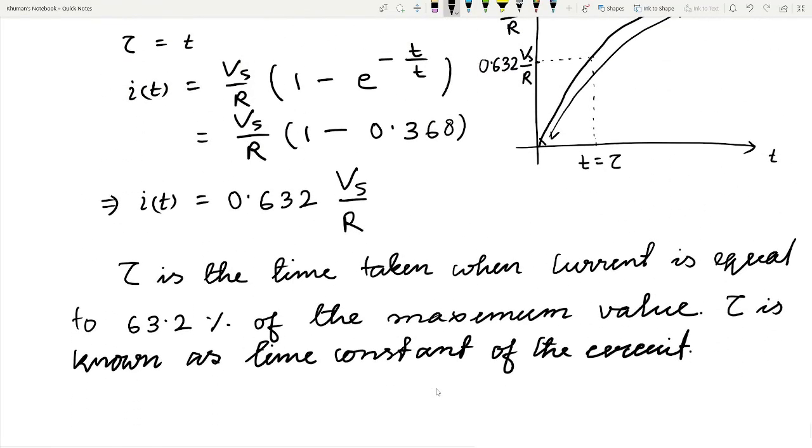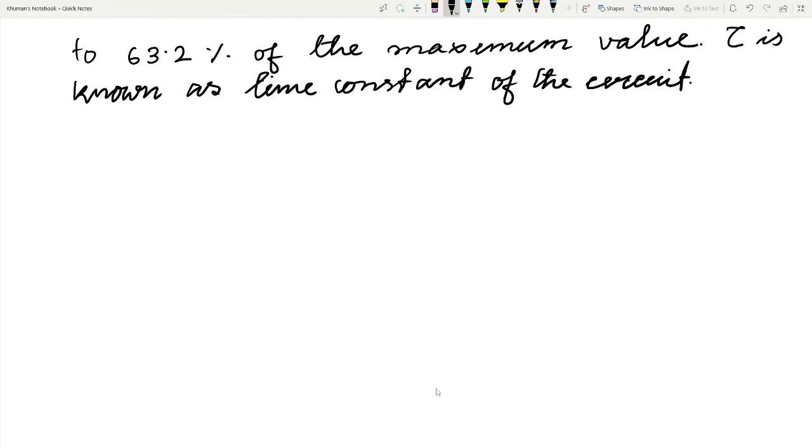Now we will find out the value of the voltage drop at R and L. So first we will find out VR, that is the voltage drop at the resistance. It is R i(t), so it is R times Vs by R times (1 minus e to the power minus R by L t).